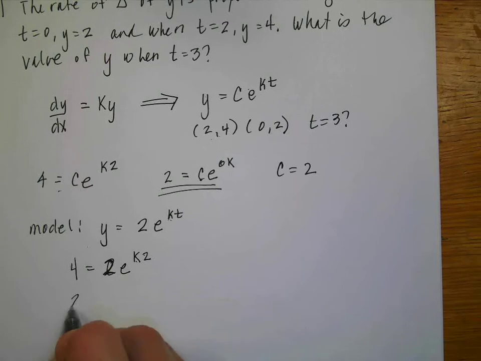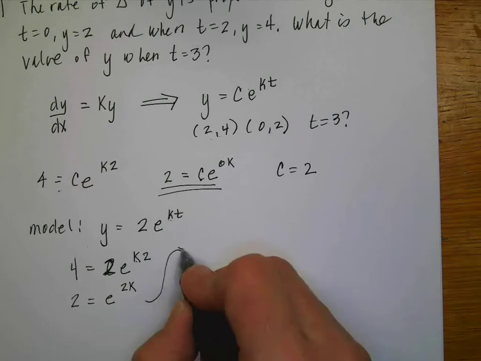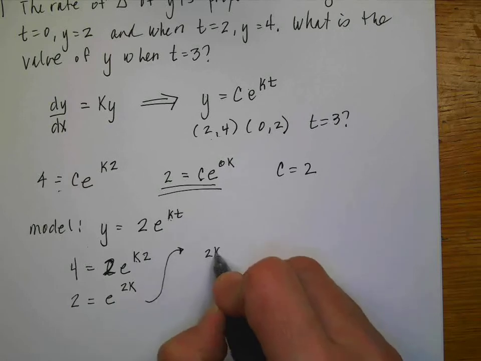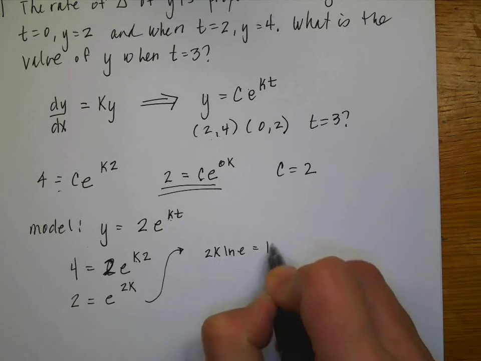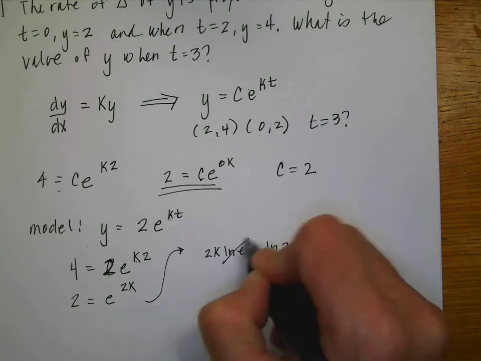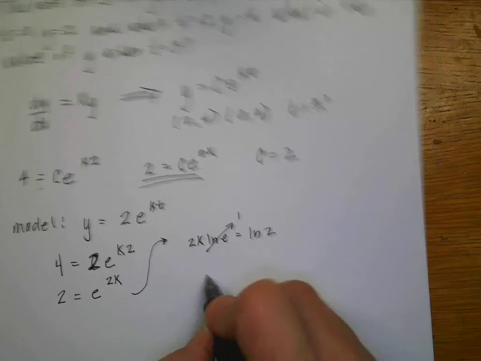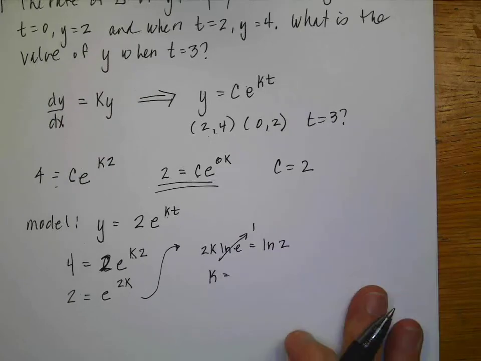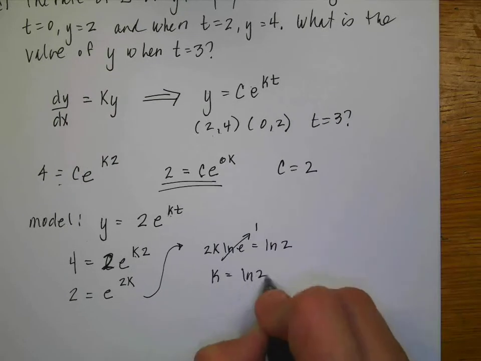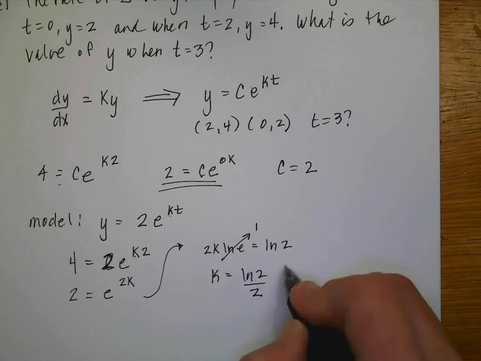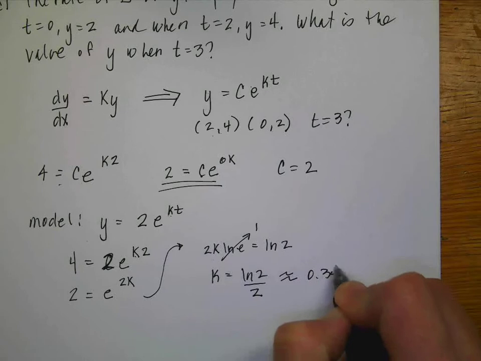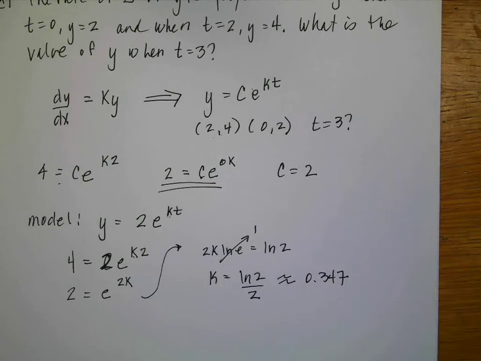And this is just simple logarithms. So 4 divided by 2 is 2, is equal to e to the 2k. I'm going to take the log of both sides. Natural log of e to the 2k is 2k. Natural log of 2 is the natural log of 2. So k is equal to the natural log of 2 divided by 2. And if I wanted to round, I would get 0.347 for that answer.